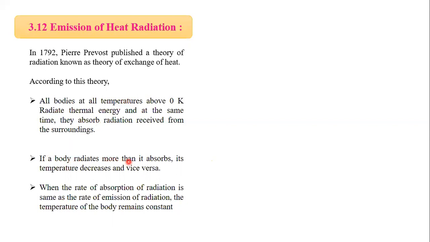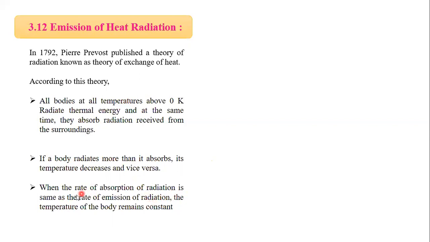If a body radiates more than it absorbs, if the body starts radiating more, then its temperature decreases. If the body radiates less as compared to the absorption, means it absorbs more, then the temperature increases.